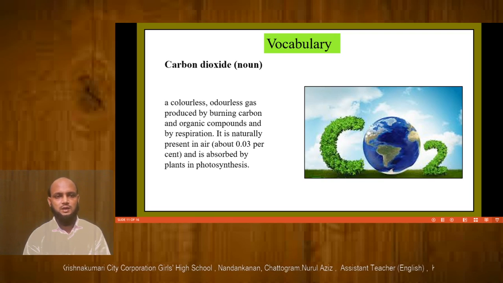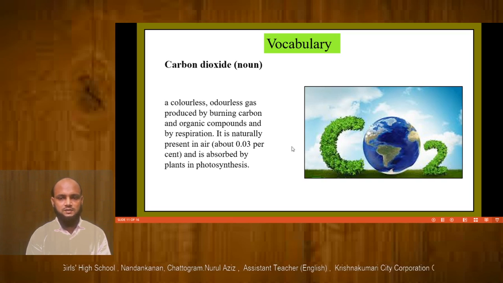Our next vocabulary is carbon dioxide. This is a noun. You see a symbolic picture of carbon dioxide, CO2, and this is a colorless, odorless gas produced by burning carbon and organic compounds and by respiration.